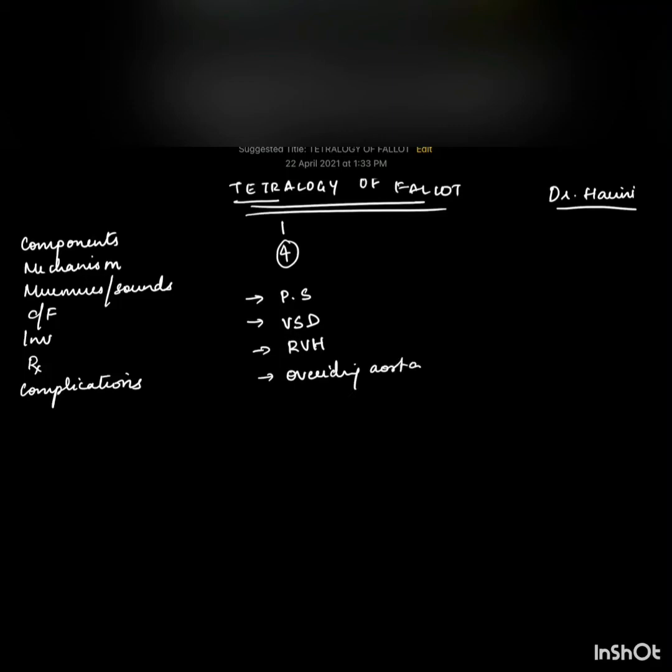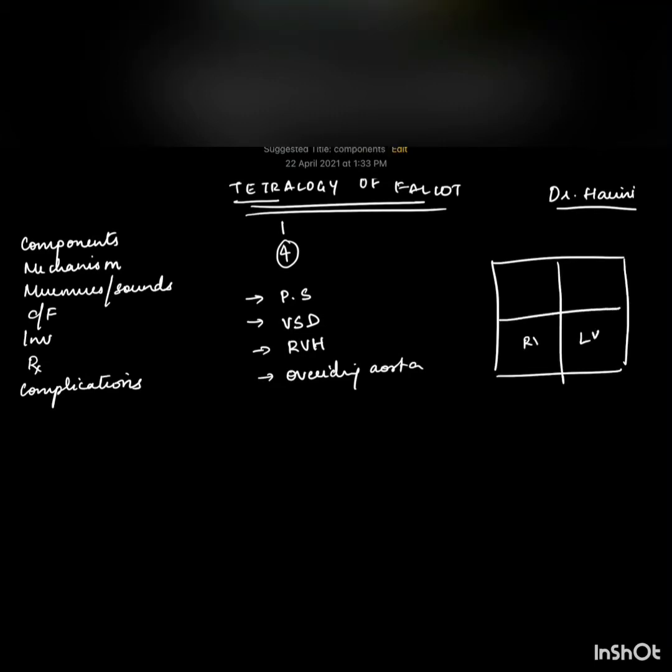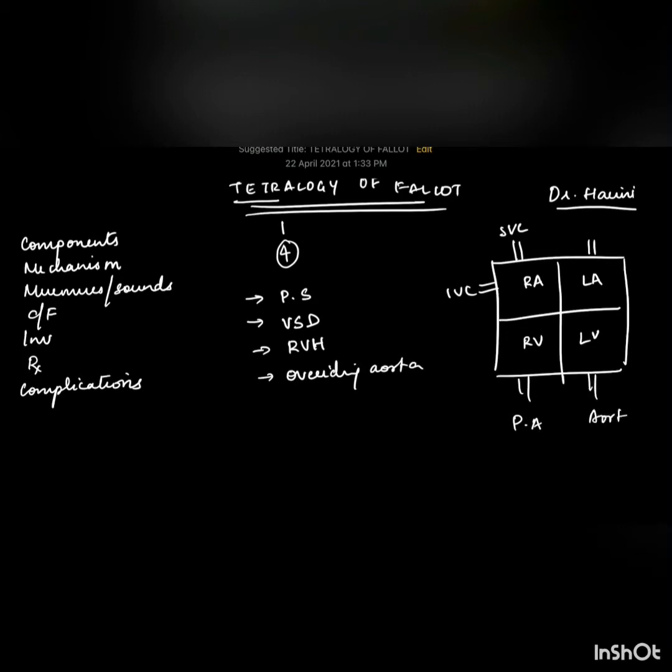So I'm going to draw a simple box diagram of the heart here for better understanding to see what these defects basically are. So this is the superior vena cava, inferior vena cava, pulmonary artery, aorta, pulmonary vein.